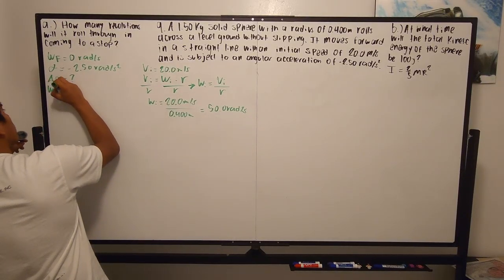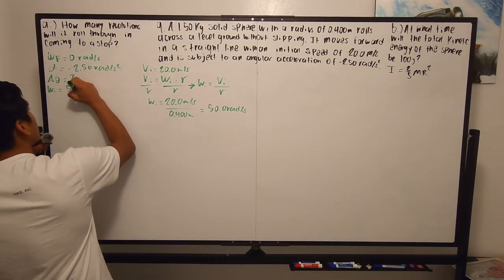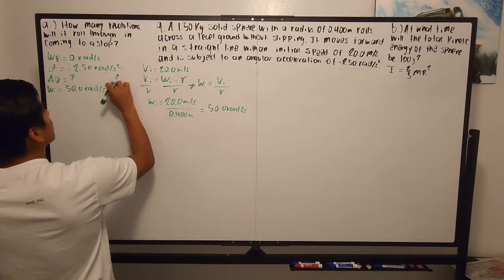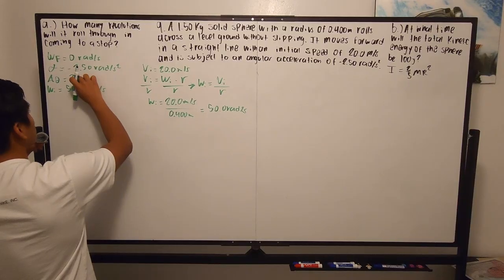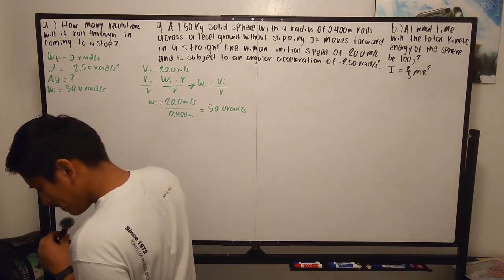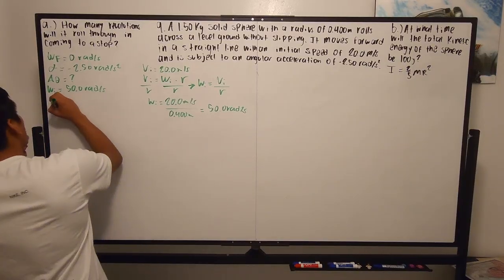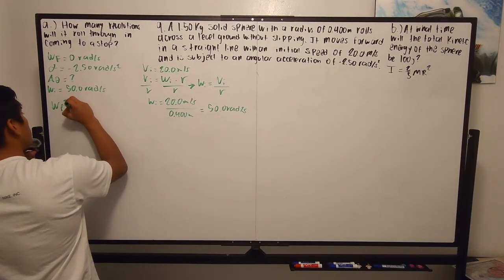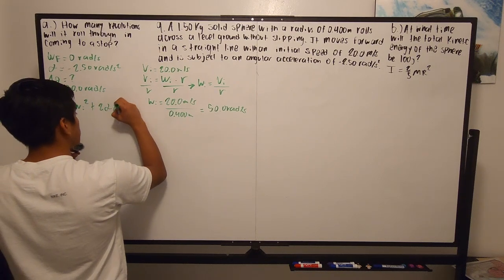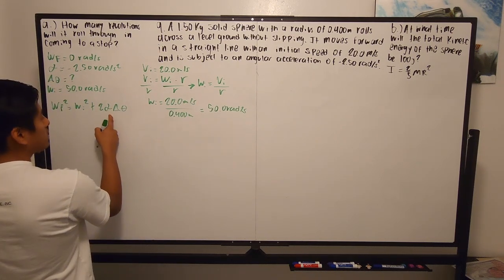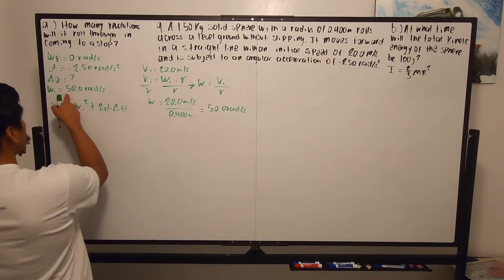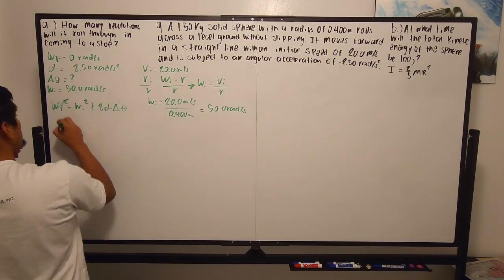Now we can write this over here. So our omega initial is 50.0 radians per second. Now we have 3 values, and we're looking for this one. So we're going to be using the equation omega final squared is equal to omega initial squared plus 2 alpha delta theta. Our delta theta is right there, so we're going to isolate for that. We know that the omega final is going to be equal to 0, so we can cancel that out.